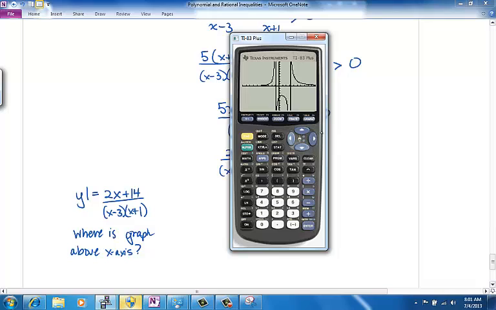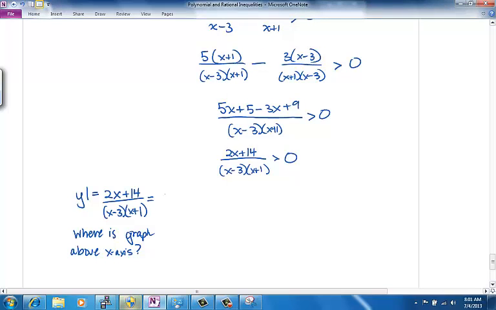So we can see that in the stretch between -1 and 3, where the vertical asymptotes are, the graph is below the x-axis. We can also see that once we pass 3, it looks like the graph is above the x-axis. We know from factoring this that there's an x-intercept at -7.